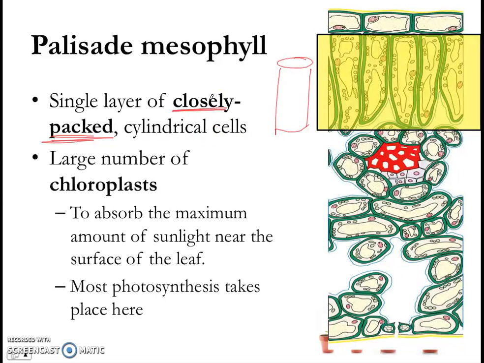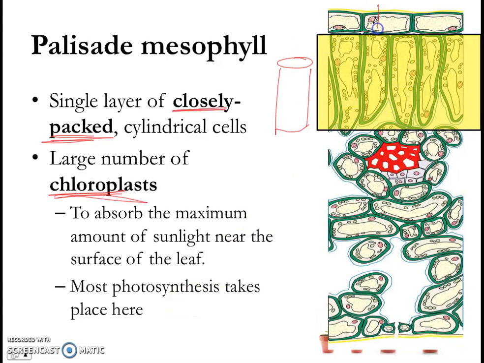Now the important thing is that they have a very large number of chloroplasts per cell. And that is to allow them to absorb the maximum amount of sunlight near the surface of the leaf, right? Because the surface of the leaf receives the most sunlight. So most of the photosynthesis takes place here, right?